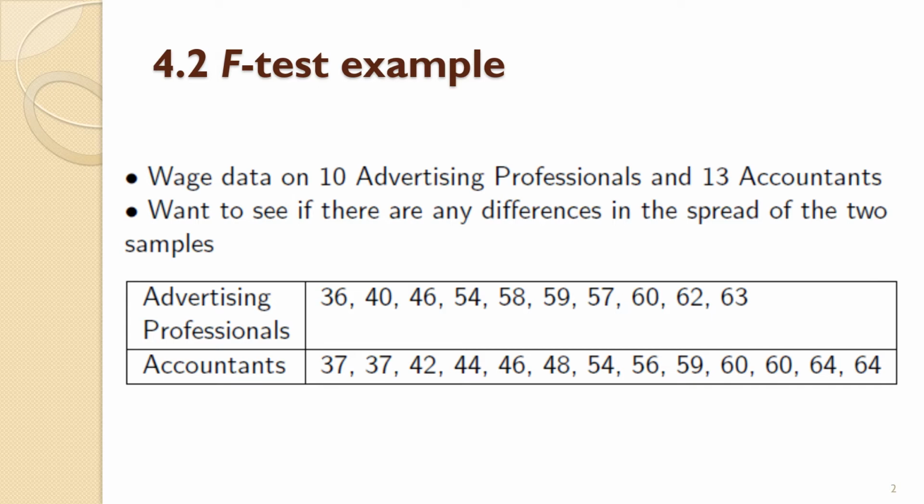But now, is there a difference in terms of how far spread out the wages are within each industry? This is a simple test which may still have some relevance for the types of data you might see for dissertations, and again we're just asking if there is a difference between these two samples in terms of how far spread out they are.